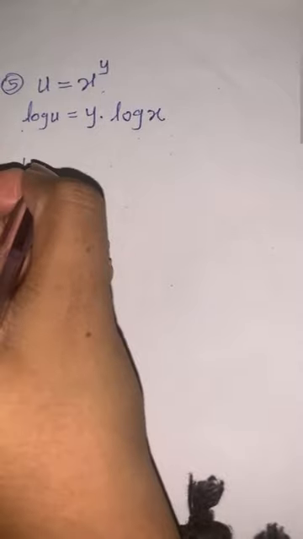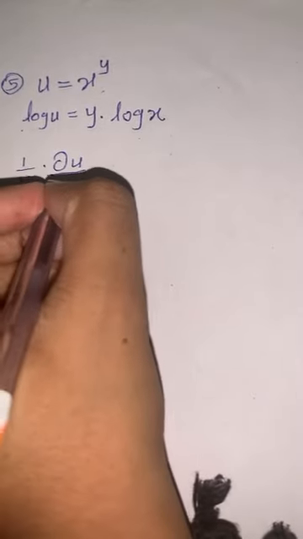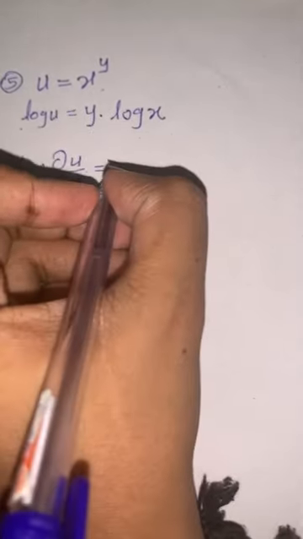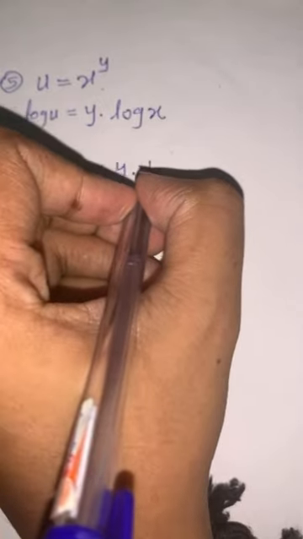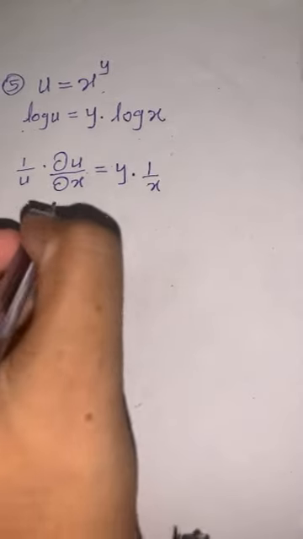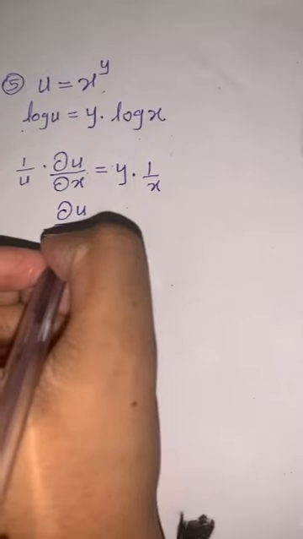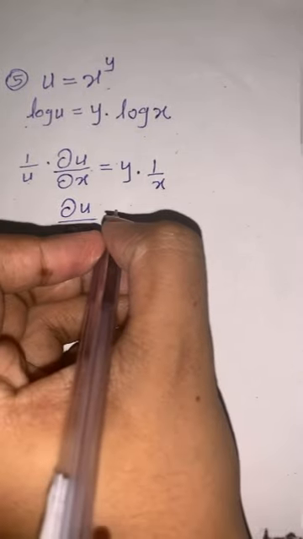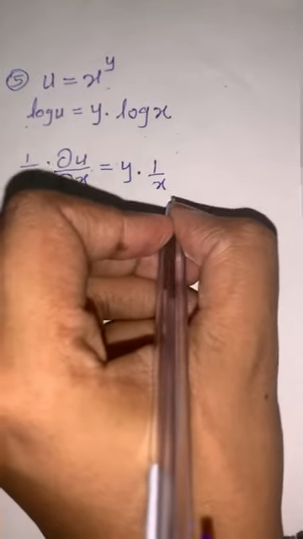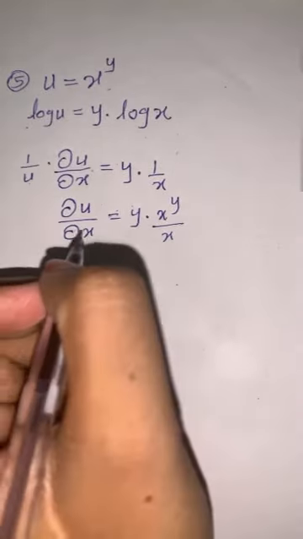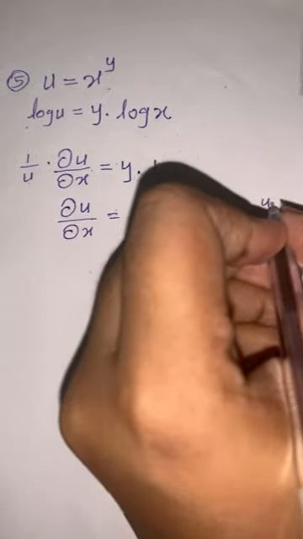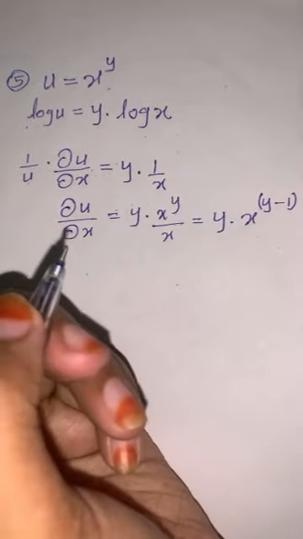So if we differentiate log u, what will happen? 1 over u into ∂u over ∂x is equal to, we have to consider y as a constant, into 1 over x. So the answer is 1 over u, u is x to the power y. So we can write it as y into x to the power y over x. So this can be written as y into x to the power y minus 1.